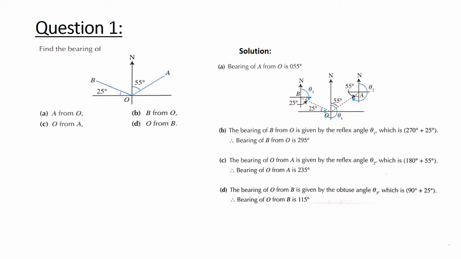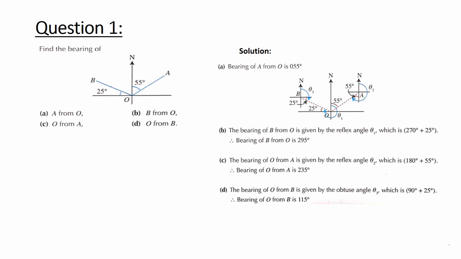So the bearing of B from O is 295 degree. For its C part, the bearing of O from A is given by the reflex angle θ2, which is 180 plus 55. Therefore bearing of O from A is 235 degree.